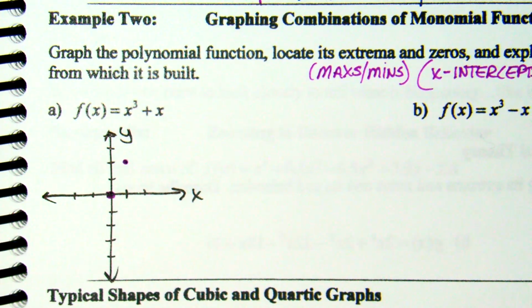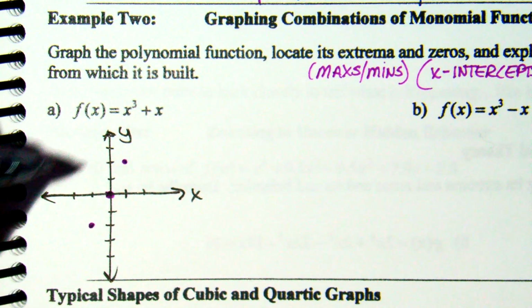Negative 1 to the third is negative 1, plus another negative 1 makes it negative 2. Okay, those dots kind of appear to be in a straight line, but you know better. They're not actually in a straight line, right? But they do carry that same basic shape of y equals x cubed.